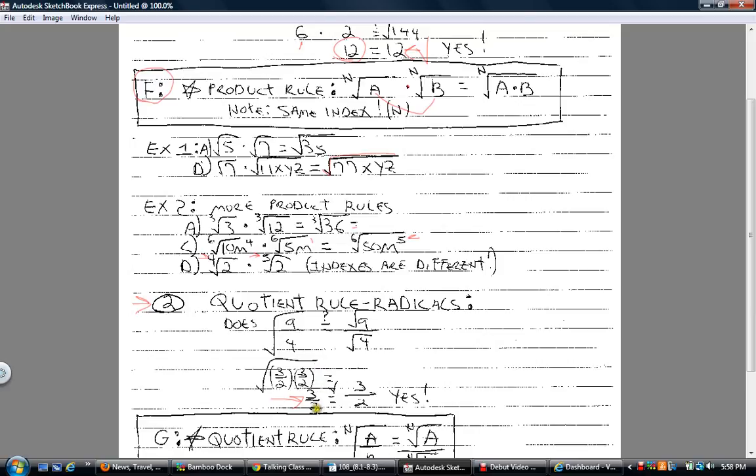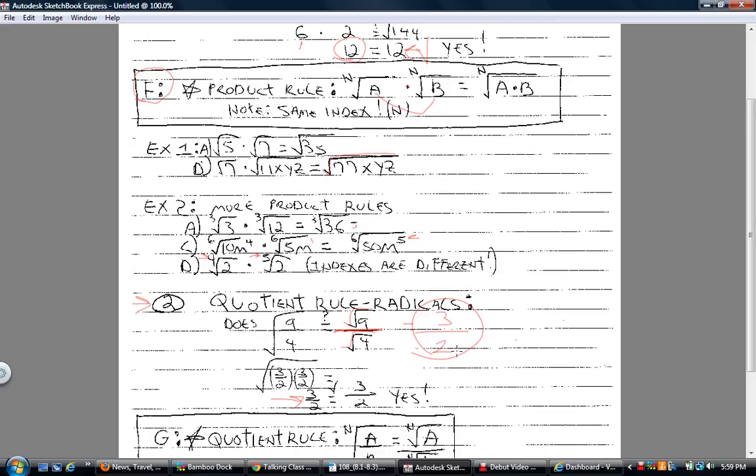So the rule is now, can you separate the numerator and the denominator and still keep the radical signs on them? So take the square root of 9 divided by the square root of 4 and you get 3 divided by 2. Square root of 4 is 2, square root of 9 is 3, and yes, you can do that.